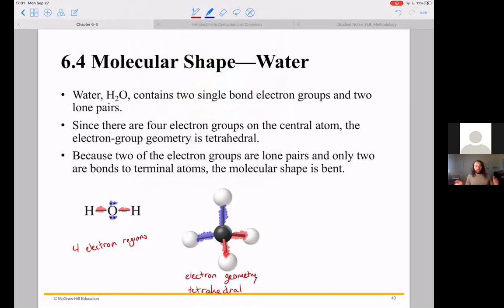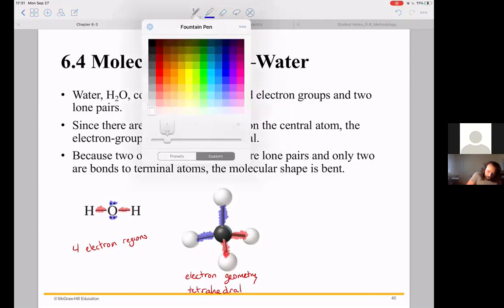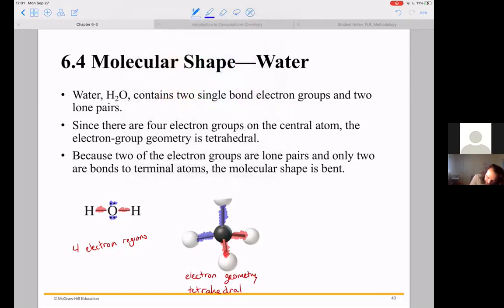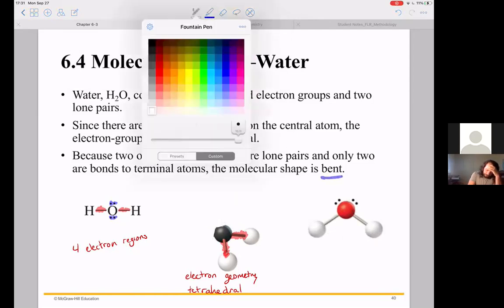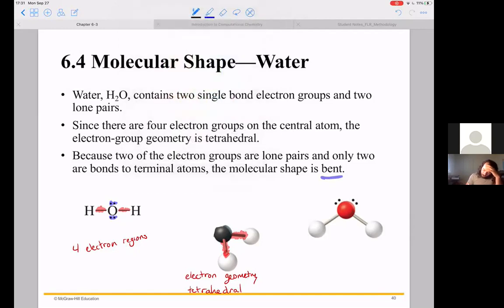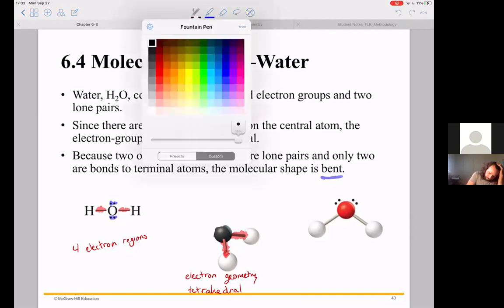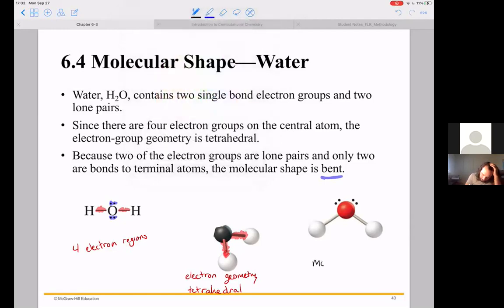So again, how am I going to get the molecular geometry from the electron geometry? I'm going to erase those lone pair bonds. Okay, so this would be the molecular geometry of water. This is what we call a bent shape. All right, so the electron geometry of water is tetrahedral. The molecular geometry is bent.